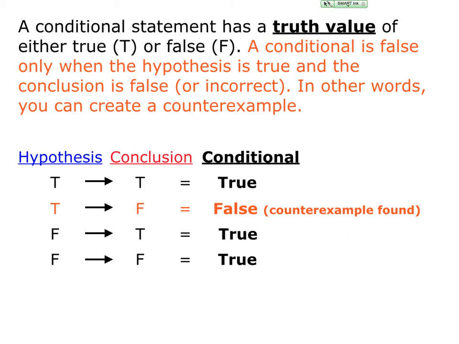But if the hypothesis is false, in either case, in other words, you can't get something to fit the hypothesis, to even make a counterexample. So if you can't make a counterexample, it doesn't matter what the conclusion says, that statement's gonna be true, because you can't make a counterexample. You're gonna run across one of those on your homework especially. So just keep in mind, if you can't make a counterexample, it's true.